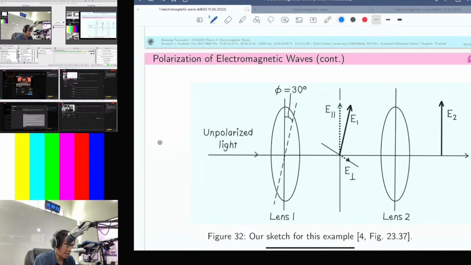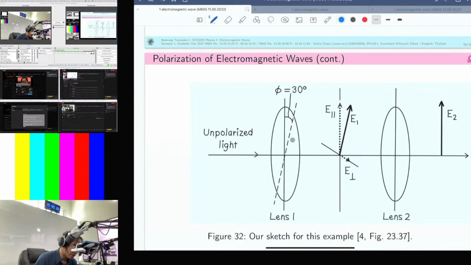Okay, and we start with the unpolarized light that has many directions, many orientations of the E field. All right, and the tilted angle is this one. Okay, it is 30 degrees. The orientation of the polarizing axis is deviated by 30 degrees with respect to the vertical line. And the second lens has the polarizing axis exactly at the vertical line here.